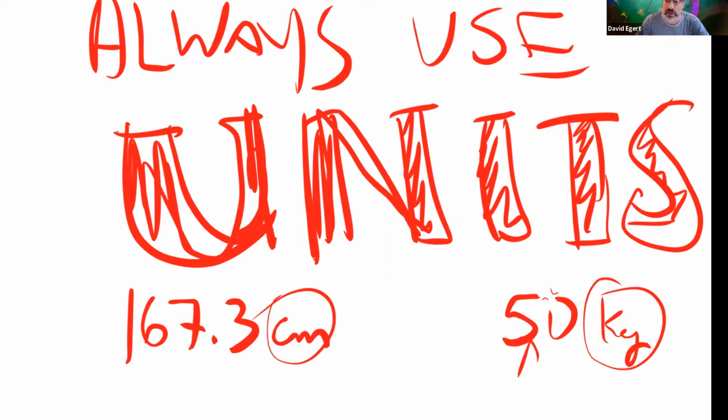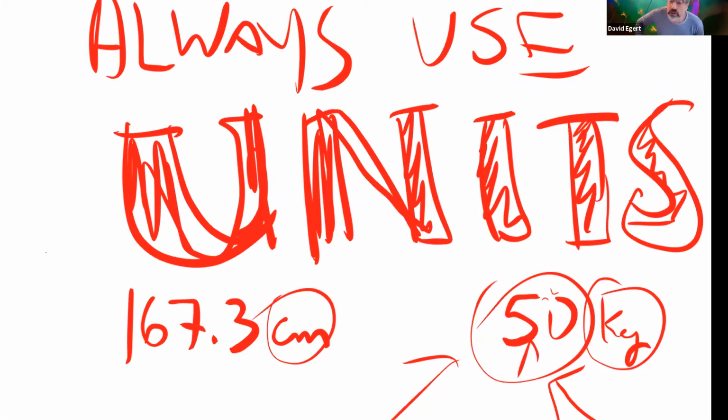So when you did all the math, everything was wrong because somebody was saying, oh, this thing weighs 50, and one group thought they meant 50 kilograms and the other group thought they meant 50 pounds, which is off by a factor of 2. So always use units when you're writing things down, or else you will run into trouble.